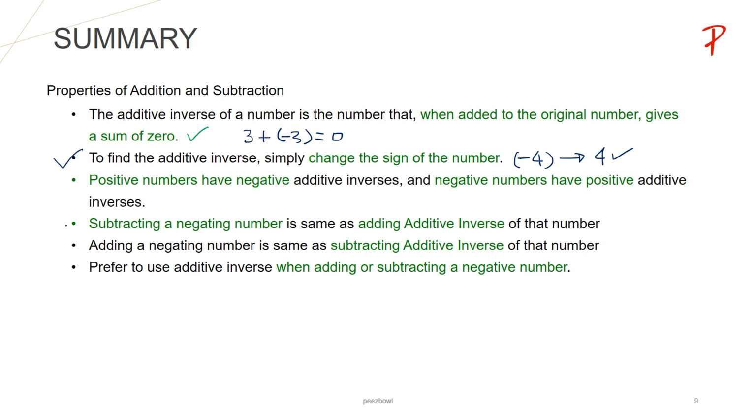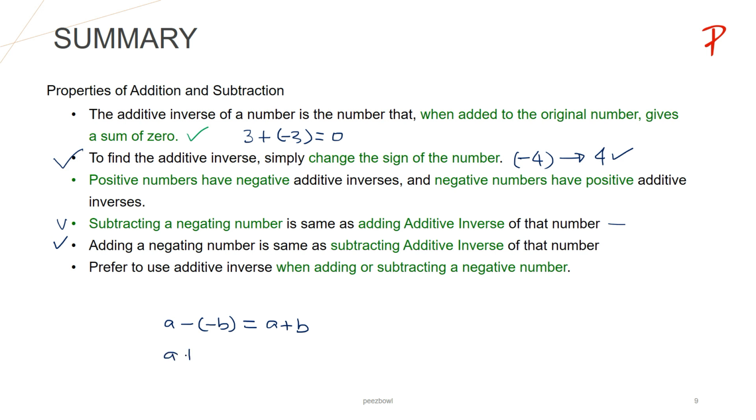Next point is subtracting a negative number is same as adding additive inverse of that number. What does that mean? A minus minus B is same as A plus B, right? And the next what we learned, adding a negative number is same as subtracting additive inverse of that number.